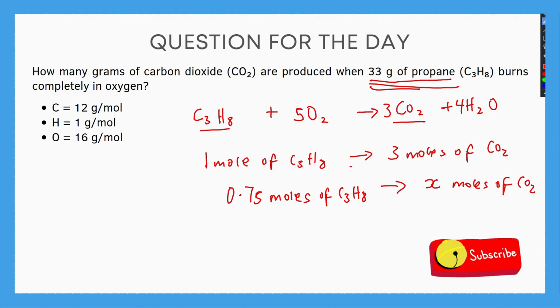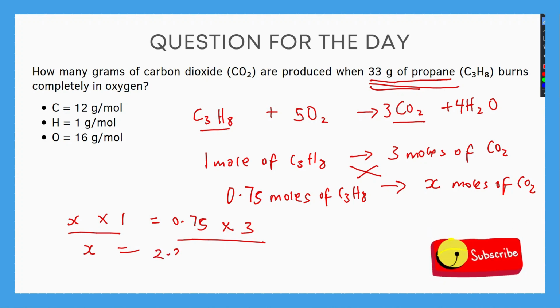So at this point, we can cross multiply. If we cross multiply, X times 1 will be equal to 0.75 times 3. X times 1 is basically X, and 0.75 multiplied by 3 gives us 2.25 moles of CO₂ produced.